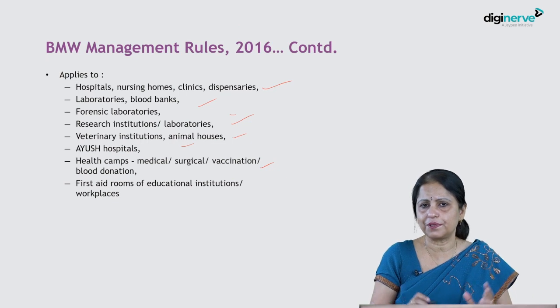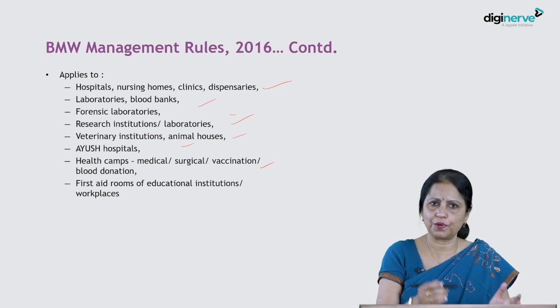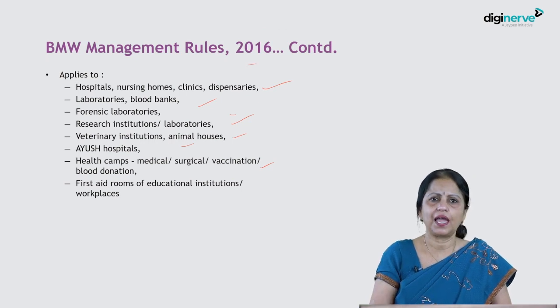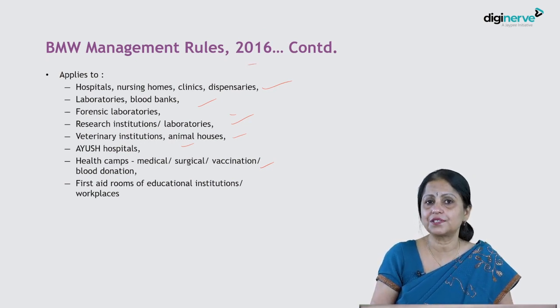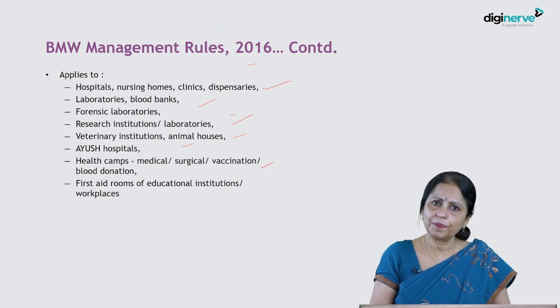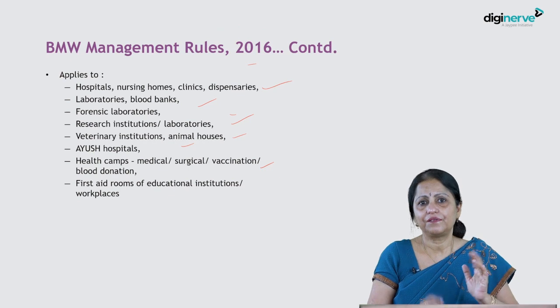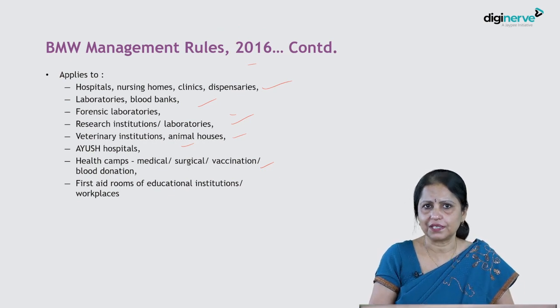There also a lot of biomedical waste is generated, which should be brought back and properly managed. So these also come under these rules. And educational institutions like schools, colleges, or workplaces also, most of them in fact, have first aid rooms for care of the sick, and those also come under the purview of these rules.